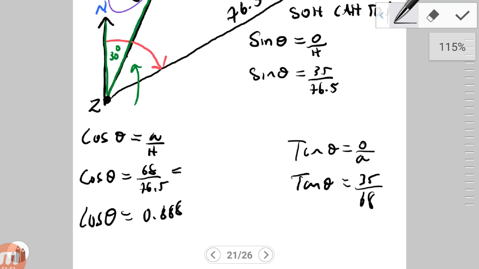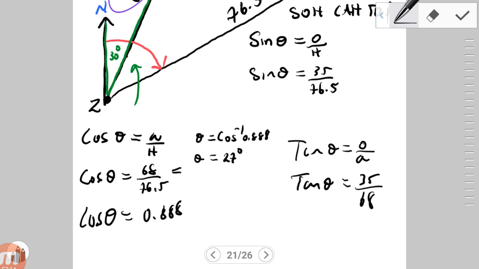So we can find that theta is equal to cos inverse of 0.888. Shift cosine 0.888, and that's 27 degrees, rounded off, approximately 27 degrees.